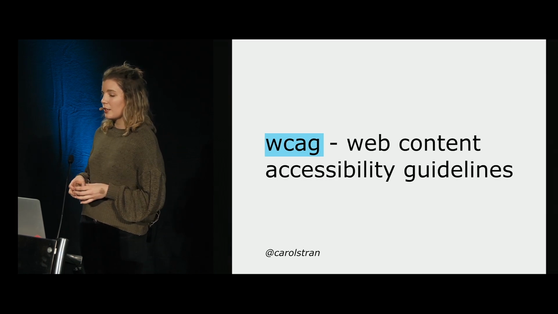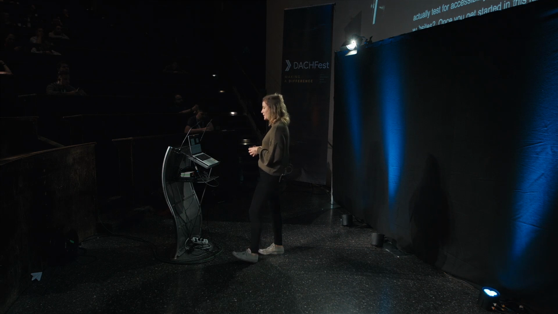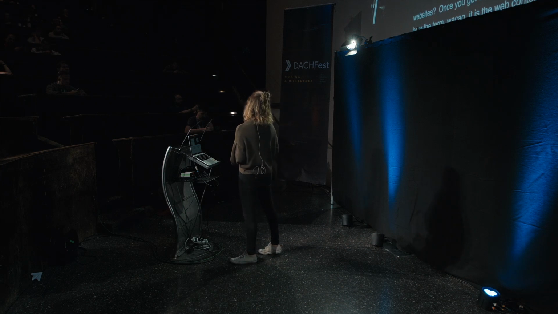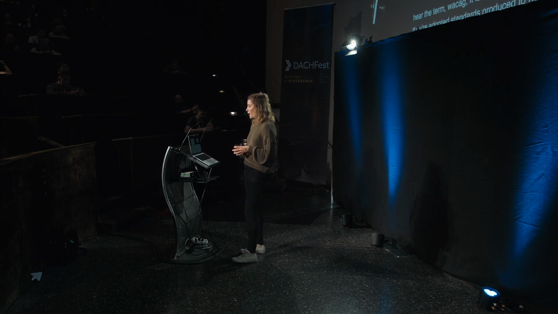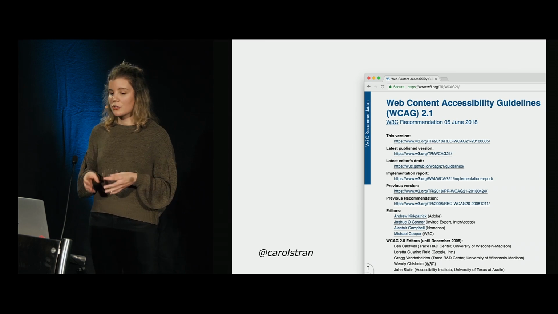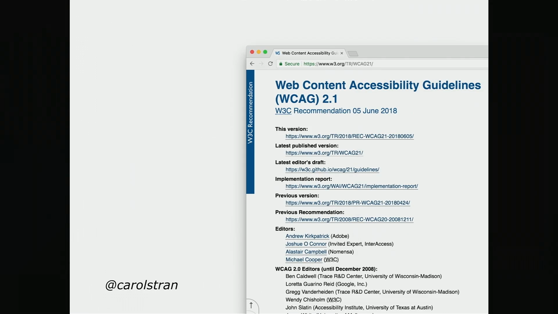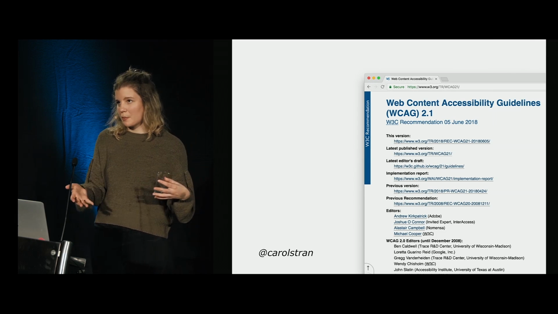They're internationally recognized, adopted standards that were produced by the W3C to help us build a more accessible web. Any of the topics that we discussed today can be found in these guidelines, so you can always check against those. But there's a lot going on in the WCAG, and it doesn't necessarily help when we don't know what's wrong with our application and we're just trying to figure out how we can do better.